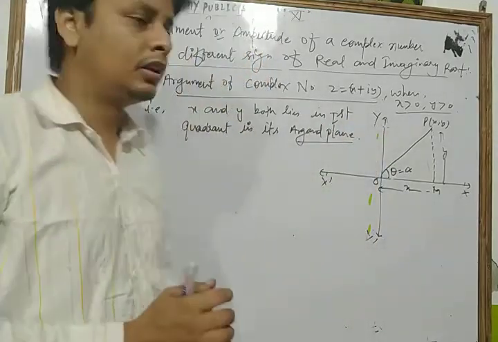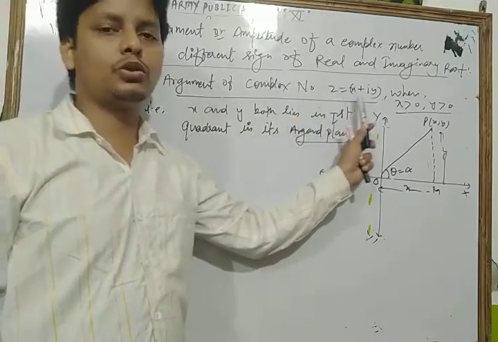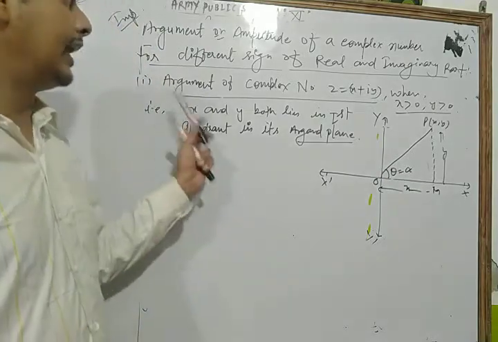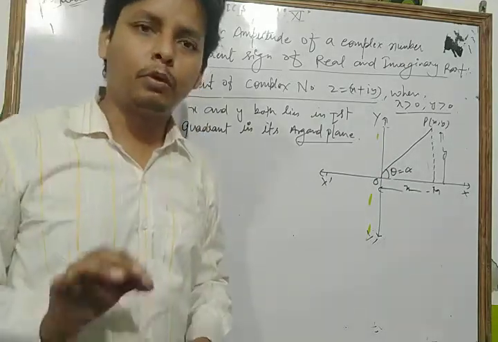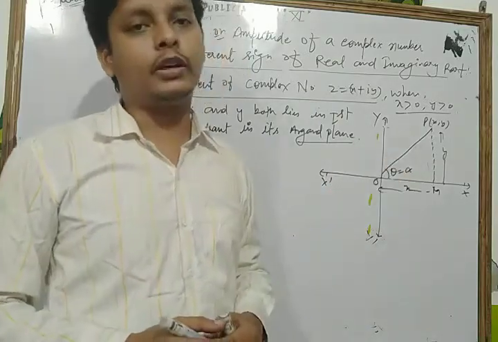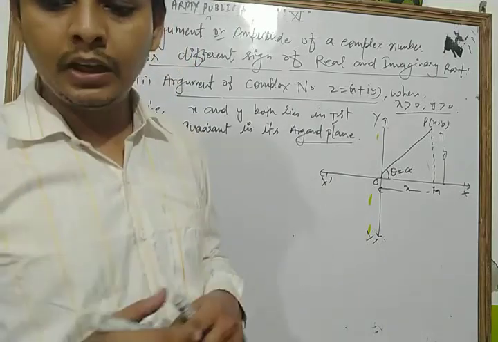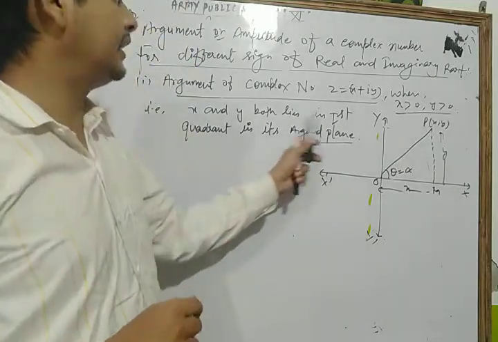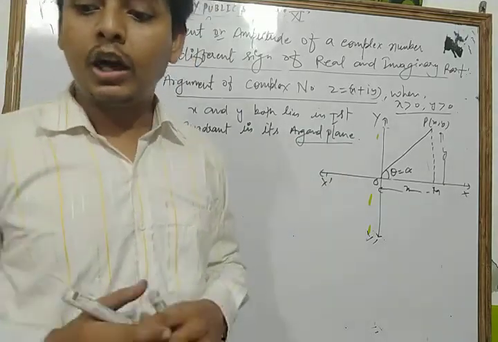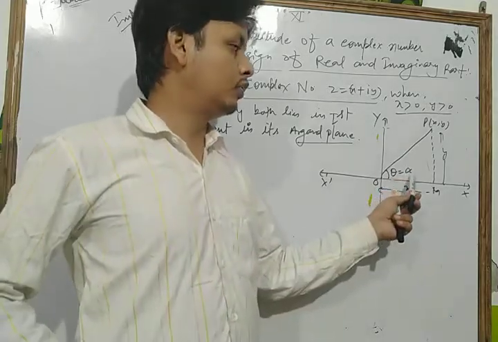It is clear from the topic: when x and y are both greater than 0, both are positive, and the point lies in the first quadrant in its Argand plane. Then the argument is the acute angle alpha with tan alpha equal to y by x. Since theta is equal to alpha, we have tan theta equal to tan alpha, that is, y by x.